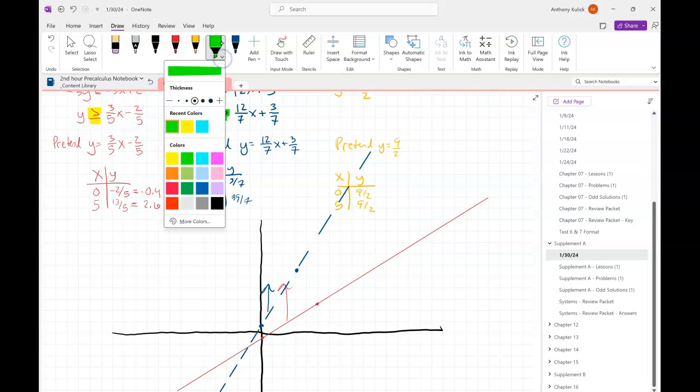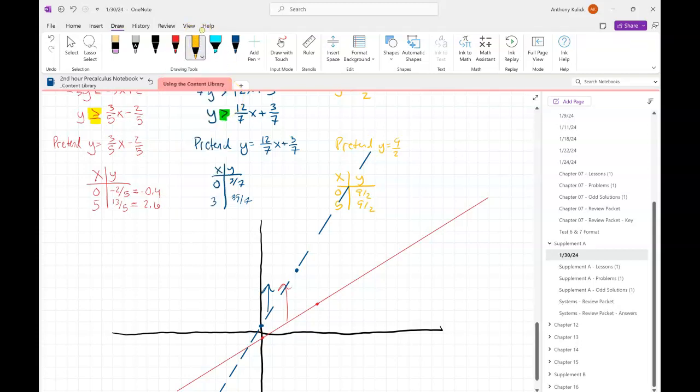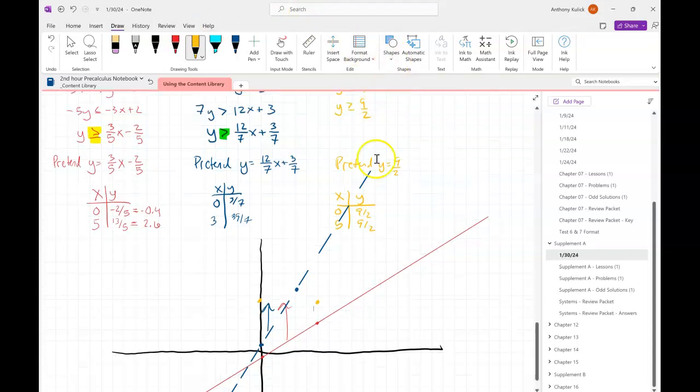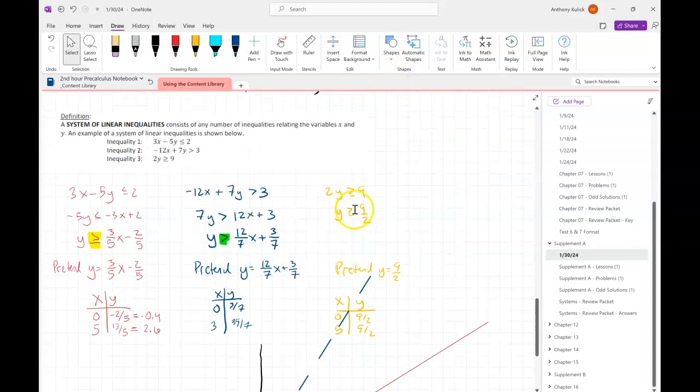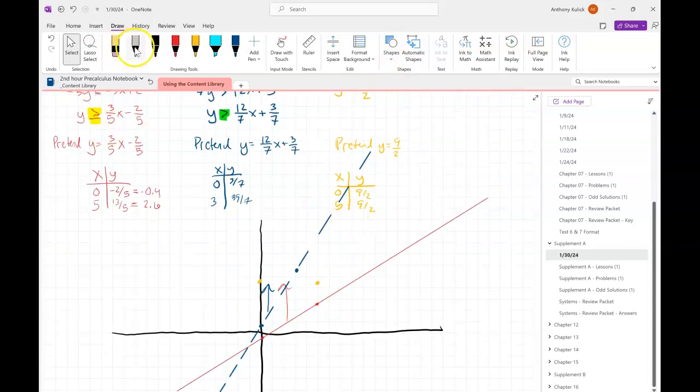And then our last one, we have 0 and 9/2, so 4 and a half, and then 5, and 4 and a half. Again, this one was greater than or equal to.